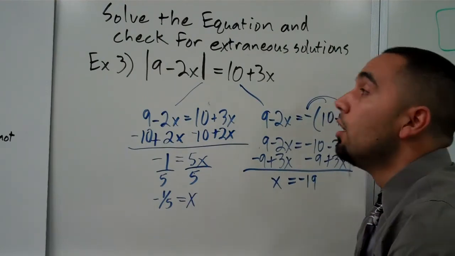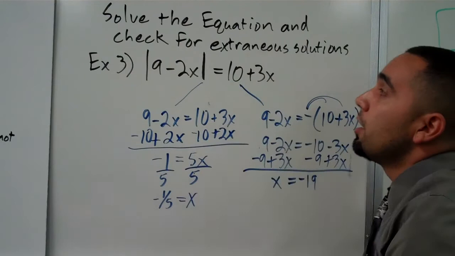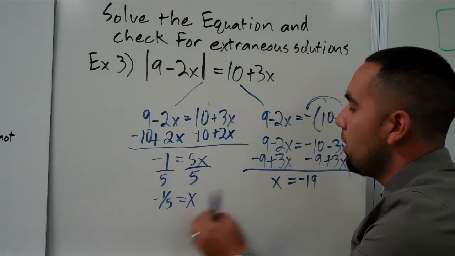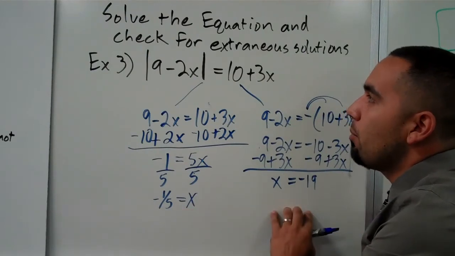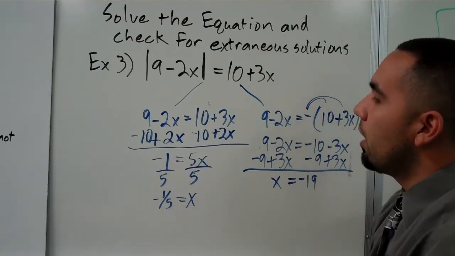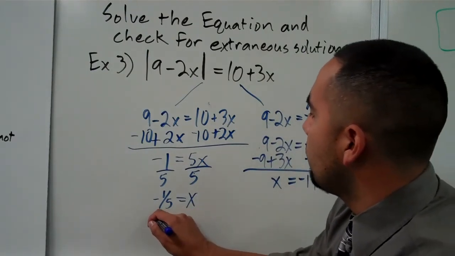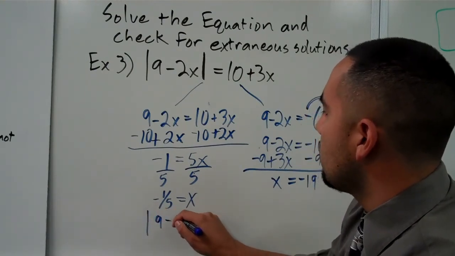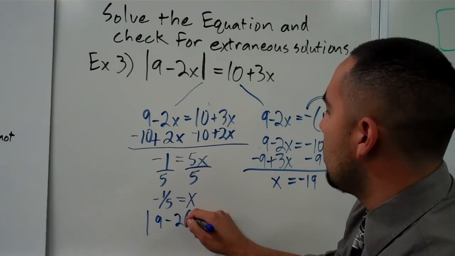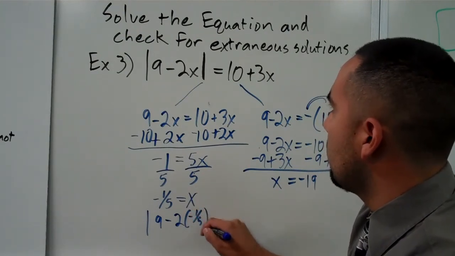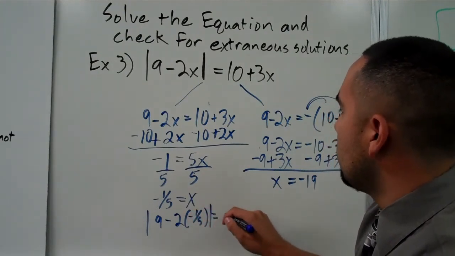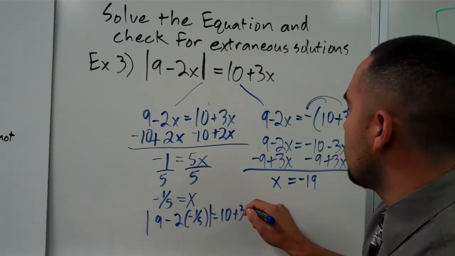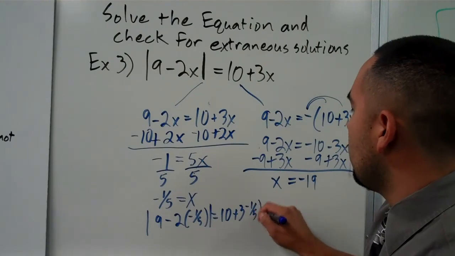I should be done, but it says that I need to check for extraneous solutions. So if I go back and plug these in, I need to make sure that they make sense. So let's give that a shot. I have the absolute value of 9 minus 2 times negative 1/5 equals 10 plus 3 times negative 1/5.